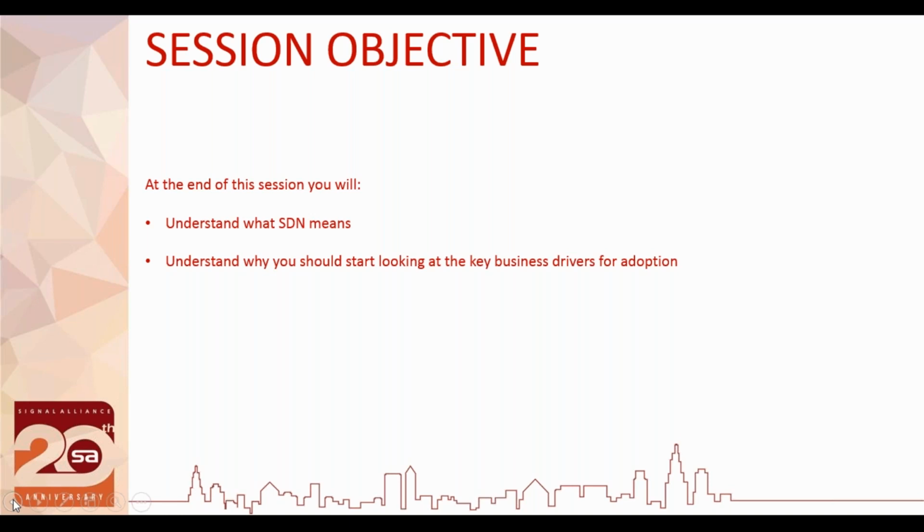So first, we need to understand what SDN is. SDN is a tool that we can use to achieve business agility or business responsiveness.